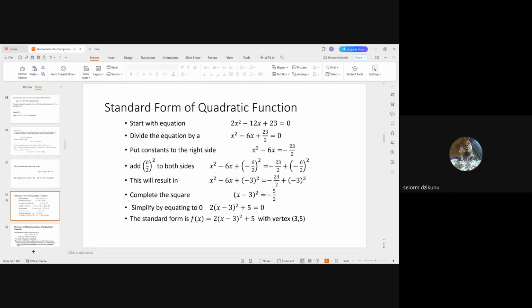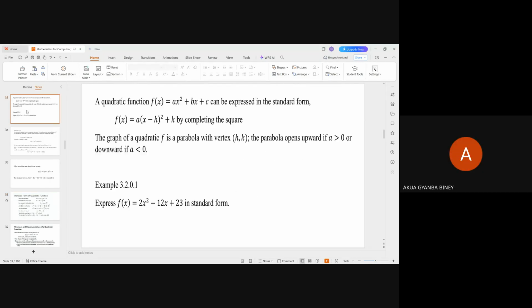Please, madam, the function is the parabola. I really don't understand that. So this function in this form, ax squared plus bx plus c, it is a function, as you can see, f of x.